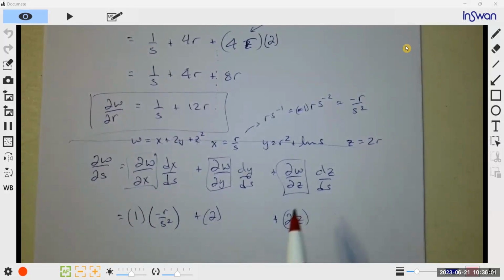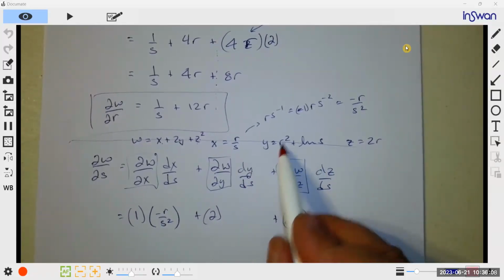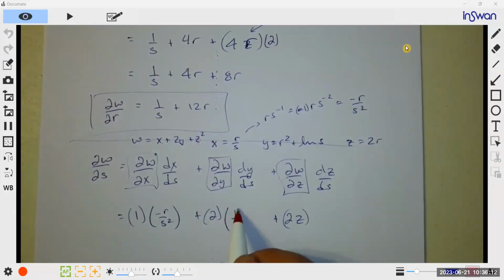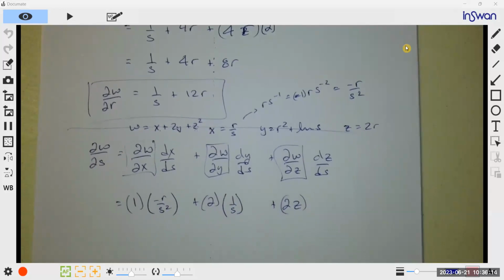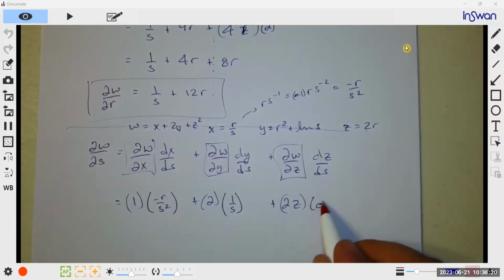And we'll fix this in a second. Derivative of y with respect to s, r squared is a constant, disappears. So the derivative of ln s is 1 over s. Derivative of 2r with respect to s is 0.